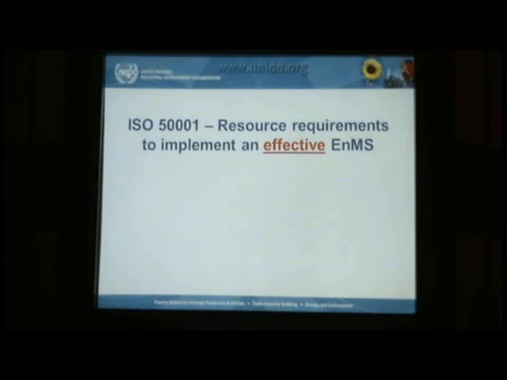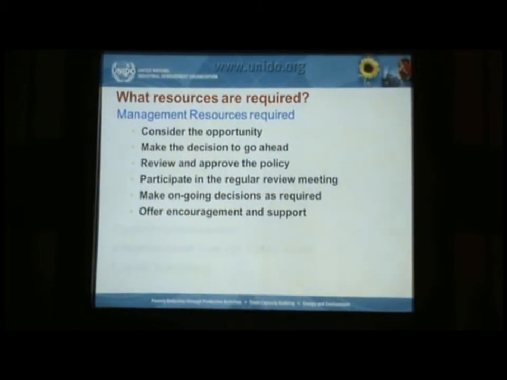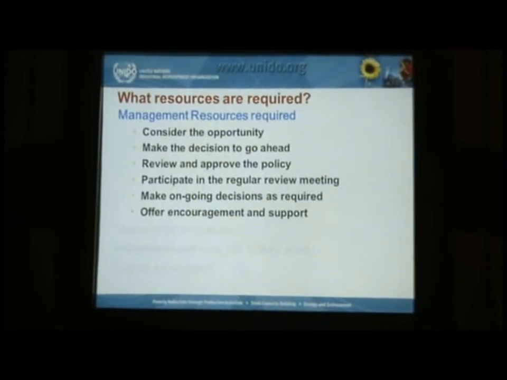Now, people think that whenever you have standards or ISO and all that, there is a lot of finance and also human resources which is necessary. But we say that it's not exactly that. If you look at the management resources, then of course, as I said, the opportunity is there.